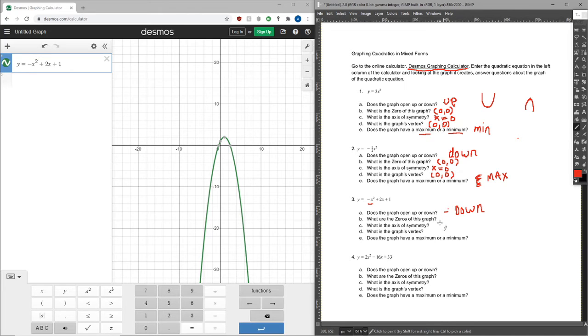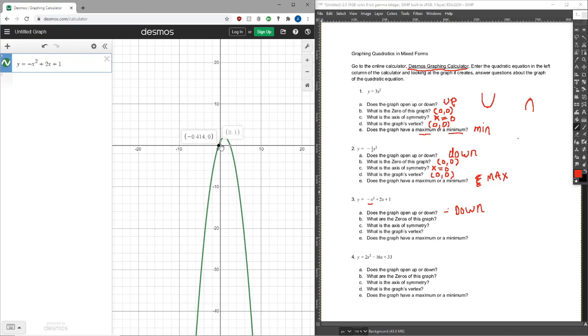Okay, what are the zeros of the graph? Well, here it's a little bit different. It's not happening at 0, 0. Here would be our vertex. But right here where y is 0 and it's right on the x line, we have here where the graph crosses the x line, and we have here where the graph crosses the x line.